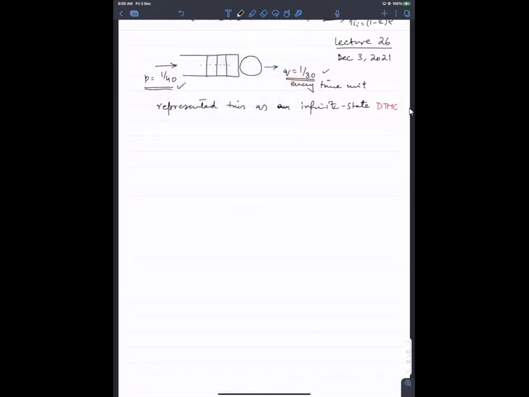Each state in that discrete time Markov chain represents the number of jobs in the queue, or the number of packets in the queue, or the number of customers in the queue. We computed the probabilities of being in each of the states. So you have state 0, state 1, state 2: nobody is waiting, the queue is empty, 1 waiting, 2 waiting, and so on and so forth.